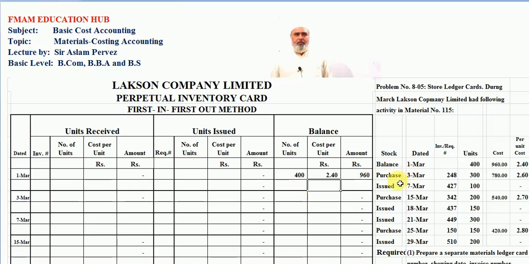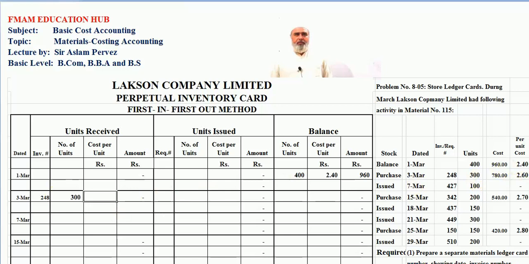Now students, purchase on 3rd March, 248. This is the invoice number. Now we have to put the invoice number here on the 3rd March date. Students, 300 units are purchased at the rate of rupees 2.60.